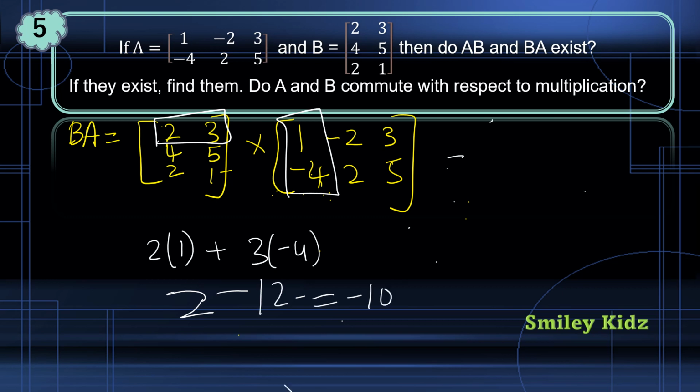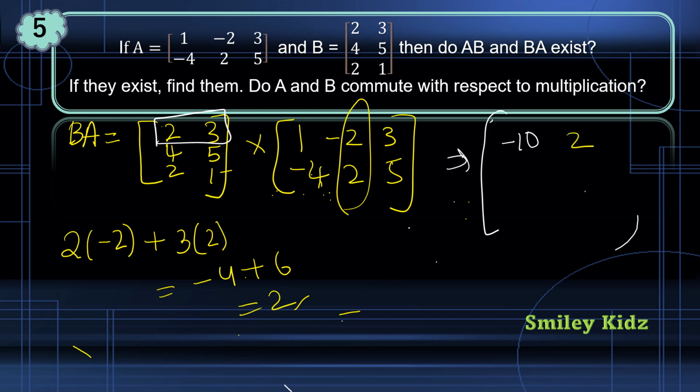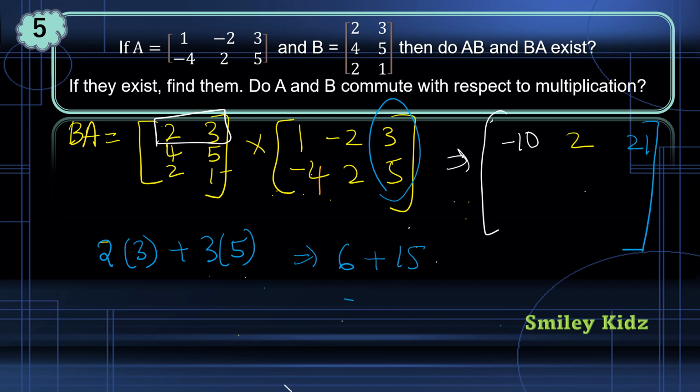So here you're going to have minus 10. Now with the second column, that is 2 into minus 2 plus 3 into 2. This is minus 4 plus 6, that is 2. So here you're going to have 2. Now with the third column, that will be 2 into 3 plus 3 into 5. That is 6 plus 15, that is 21. So here it will be 21.